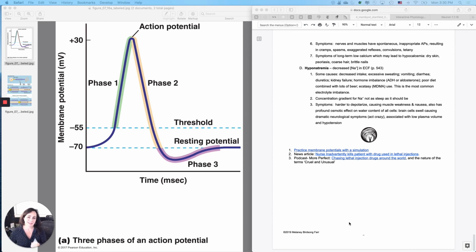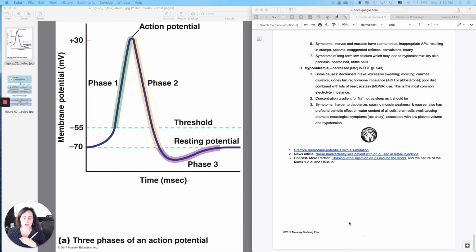Now, why is this associated with MDMA? There are clinical uses for MDMA. It's in clinical trial for some PTSD and some other things, but I'm talking about recreational use of MDMA. It makes you have a lot of energy, lasts for a very long time, depresses your thirst response.